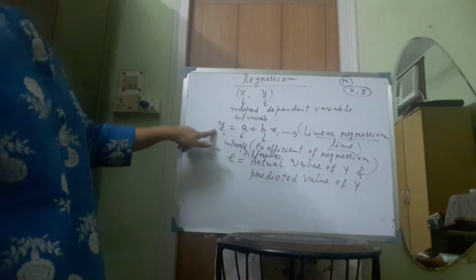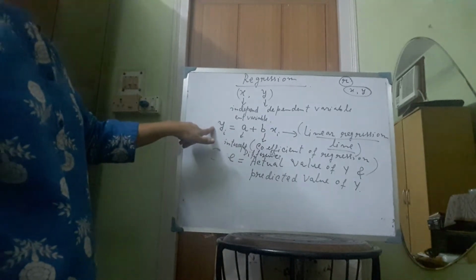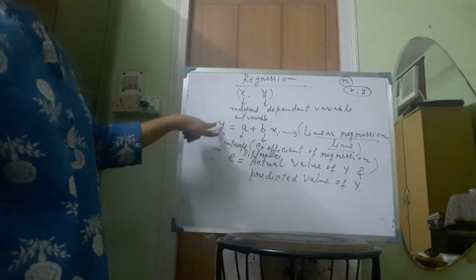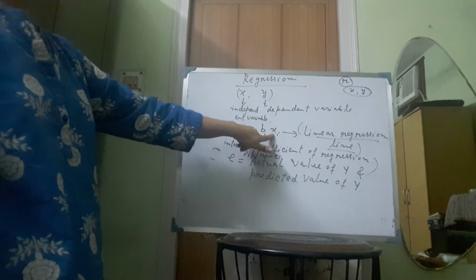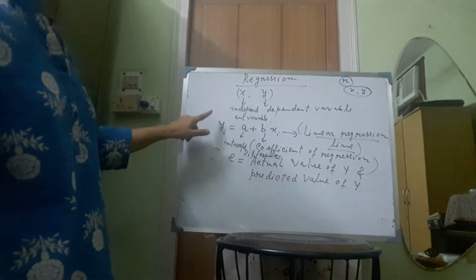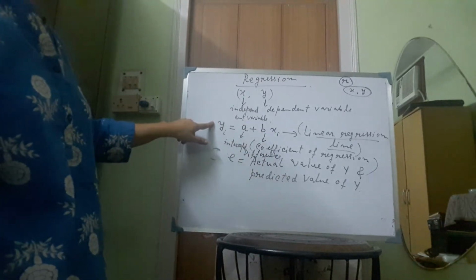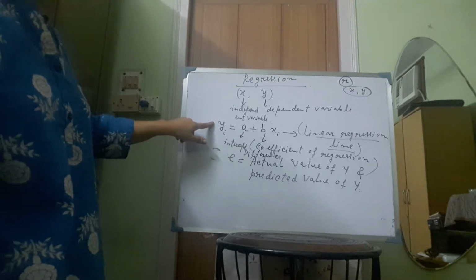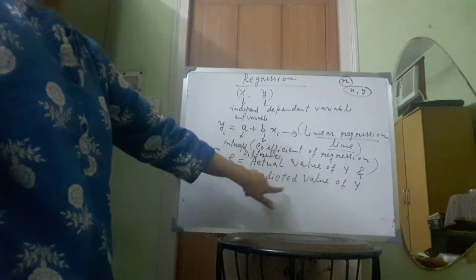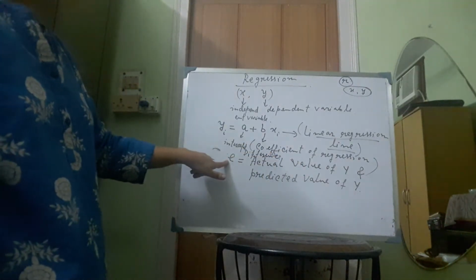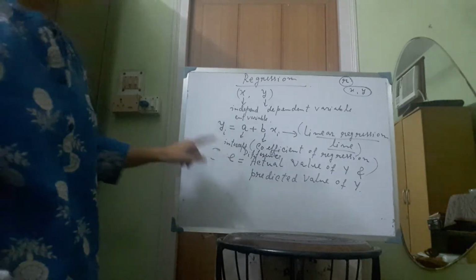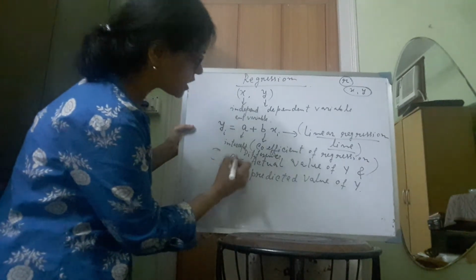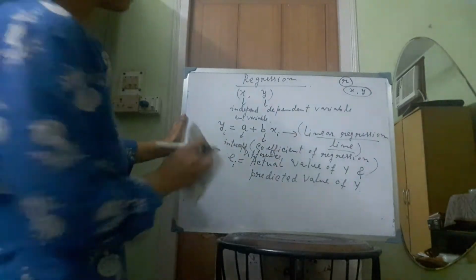We have the actual data on xi and on yi. Now we can predict the value of yi on the basis of this xi, and then from the actual value of yi we can subtract the predicted value of y, and then we will get the value of the error term ei. So for the ith data point we can get ei.